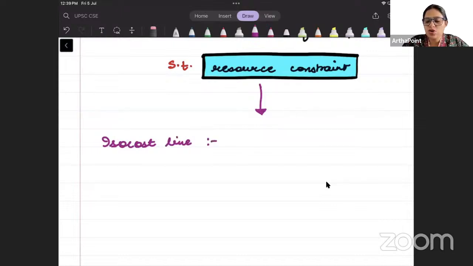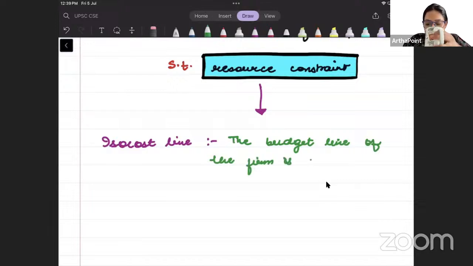So what is an isocost line? We can say that the budget line of the firm is called the isocost line.